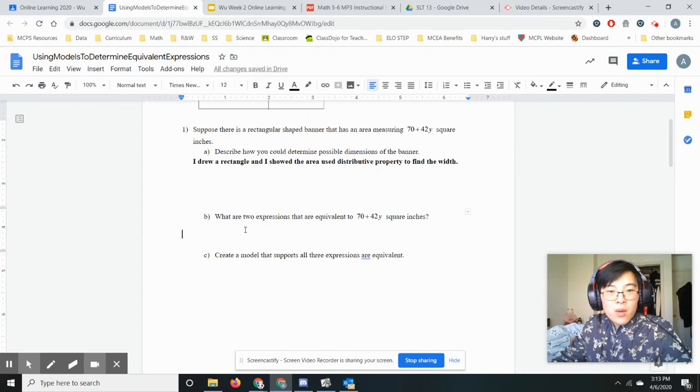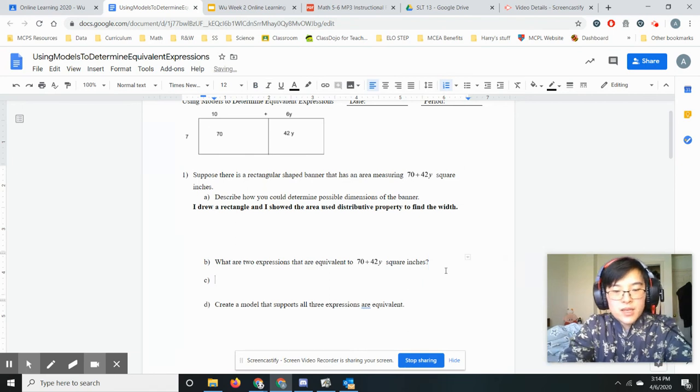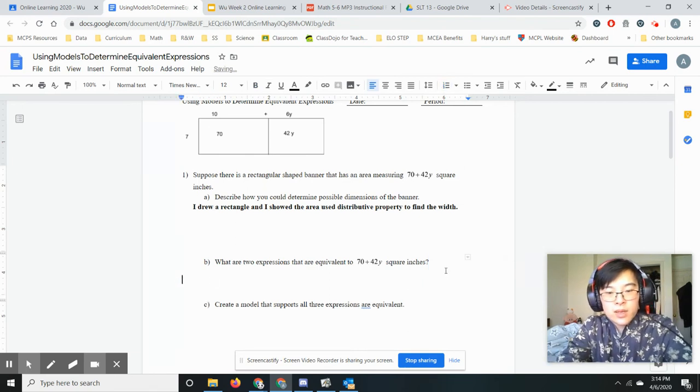All right. What are two expressions that are equal to 70 plus 42y? We already have one: 7 times 10 plus 6y. But it's asking for 2.